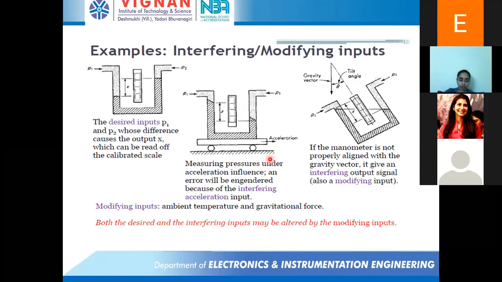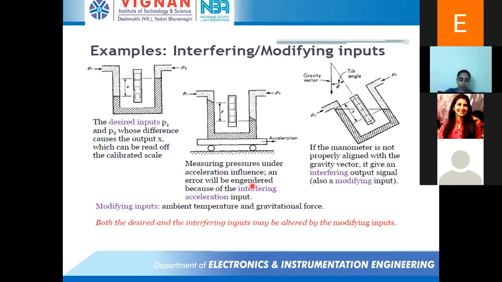So even though the pressures at these two ends, P1 and P2, of this manometer are equal, a differential pressure is created on account of acceleration. Because of acceleration, a differential pressure is produced. Therefore, the scale indicates a reading h. Therefore, the acceleration acts as an interfering input.